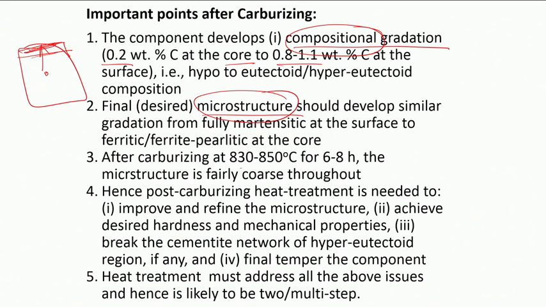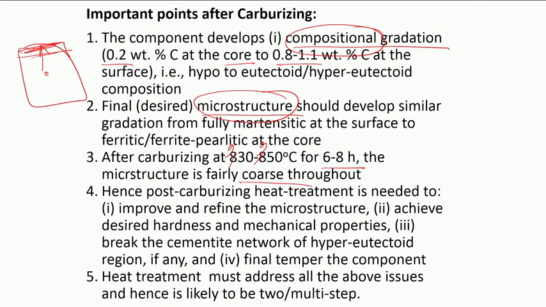Now, after carburizing, I am sorry, this temperature should be higher, almost above 930, 950. Of course, carburizing is possible in the 800 range as well, 830, 850. But usually for larger components, you expose to the 930, 950 temperature range for about 6 to 8 hours.